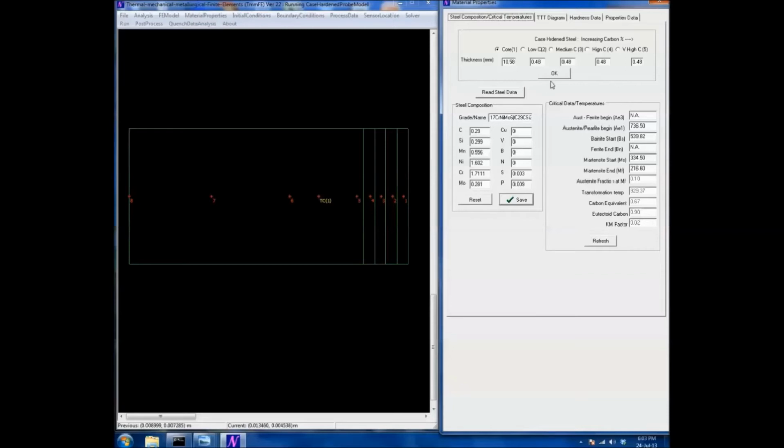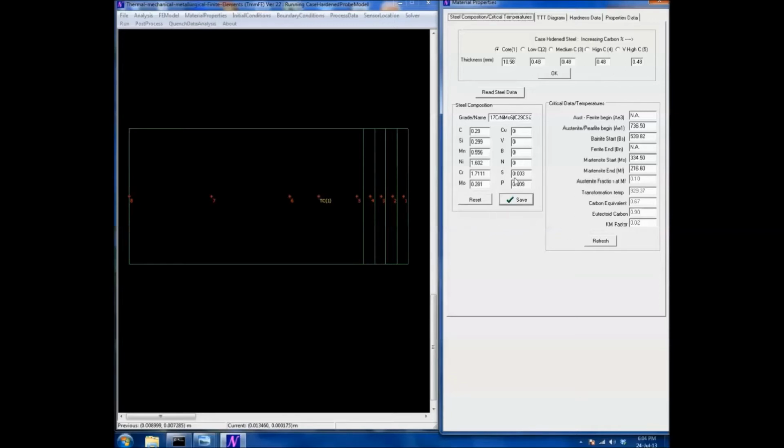In this case, we have arbitrarily chosen the case thickness as 1.92 millimeters. This total case is divided into 4 equal sublayers, and the composition of each one of these layers, including the core material, is input to the software.